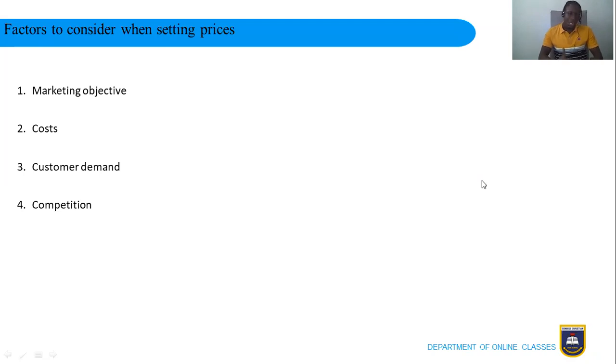But if you want to go to the first alternative, that is to maximize profit, then it is likely that the product is new in the system. Because if the product has a lot of alternatives that consumers can switch to, then if you increase the price, nobody will buy. So if your focus is to maximize profit, then the assumption is that the product must be new in the system.